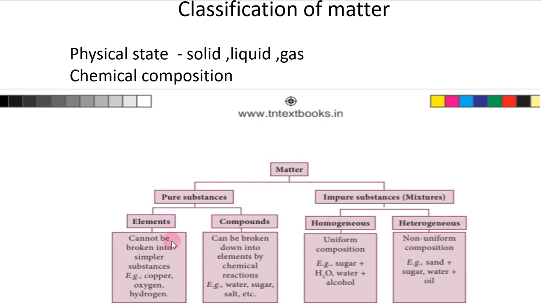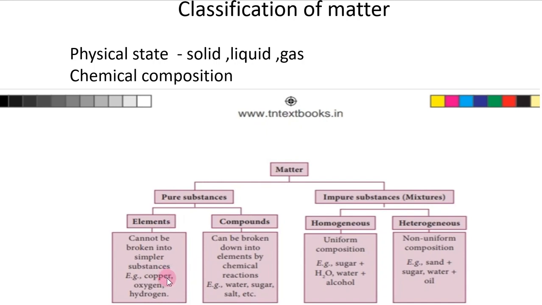One difference: elements cannot be broken down into simpler substances, and compounds can be broken down into elements by chemical reaction. Another difference: elements contain the same kind of atom.